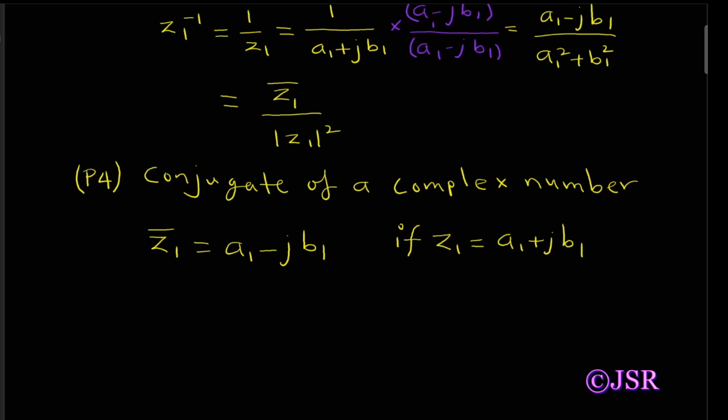So if Z1 is A1 plus J B1, Z1 bar will be equal to A1 minus J B1, by simply putting minus just before the J.